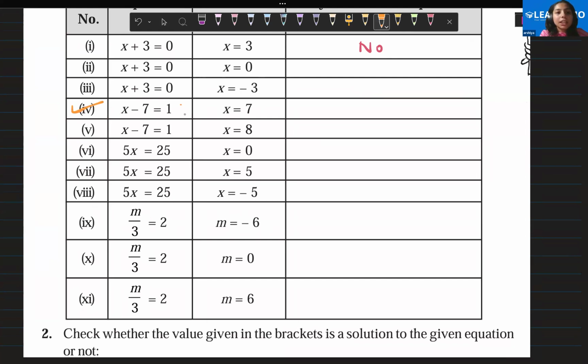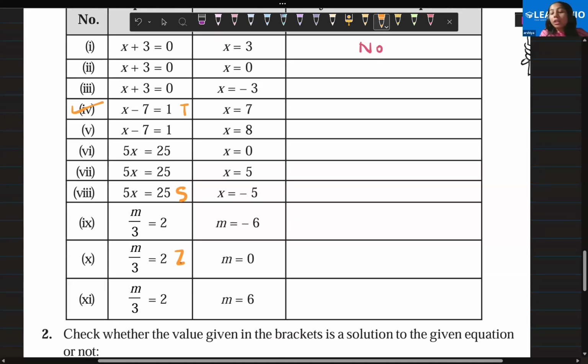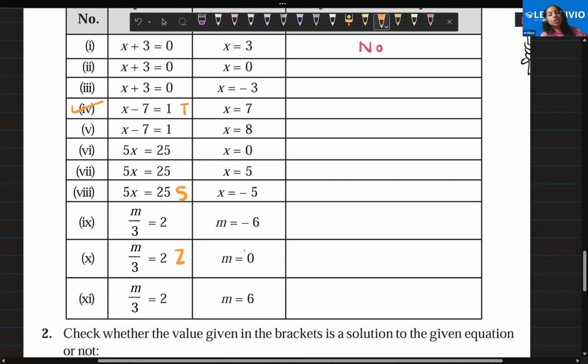Fourth one, I'm writing T here, that means it's Tasmeen. This one is Saad, I'm writing S, and this one is Zainab. Also one more thing: when I say the signs are going to change, that will happen only in addition and subtraction. Signs will not change in multiplication and division.